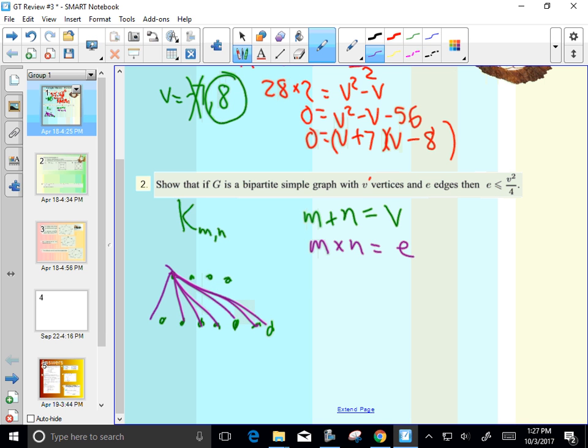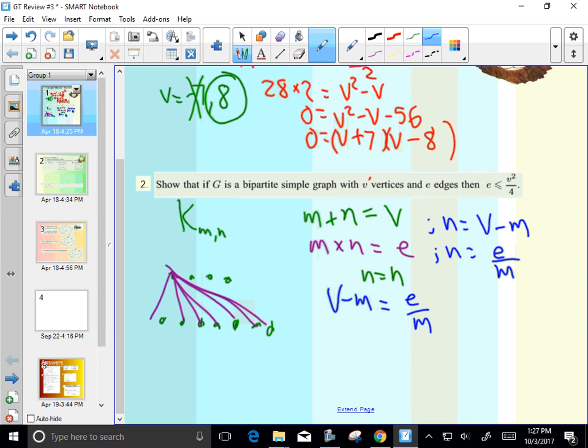So let's get rid of n algebraically, and you get n is equal to v minus m, and n is equal to e divided by m. You okay with that? Set n equal to n, and you'll get v minus m equals e over m, and my edges will be m times v minus m.